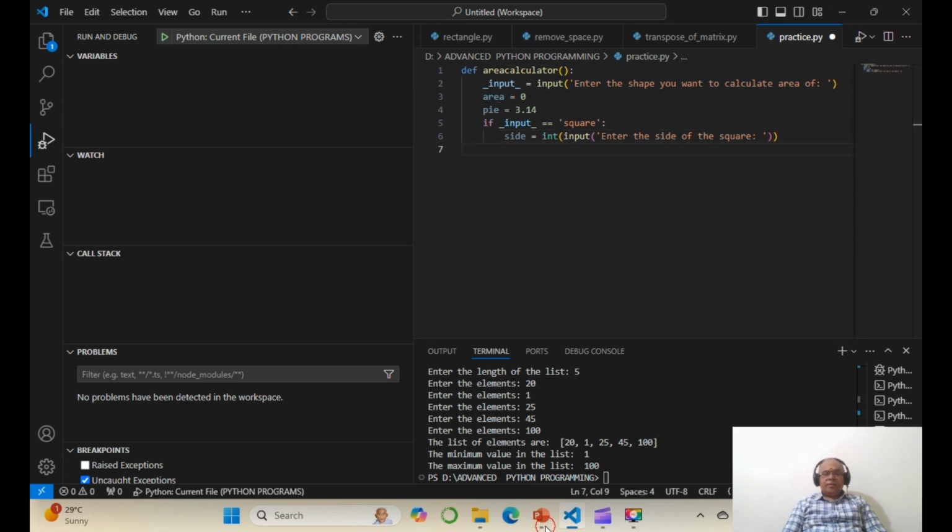Then area equals previous value of area, which is 0, plus side double star 2.